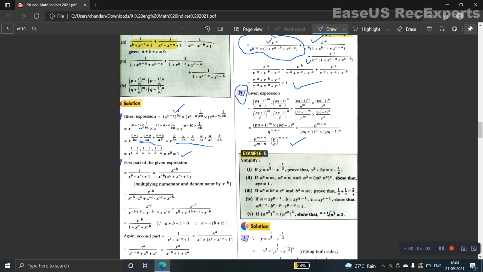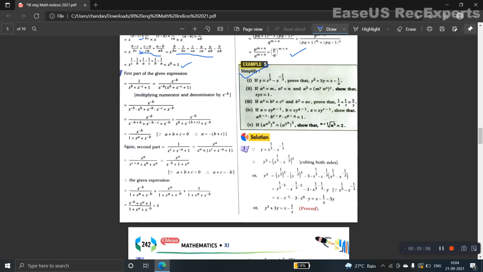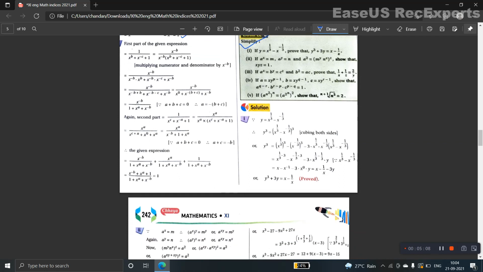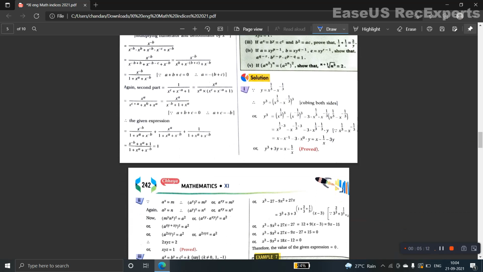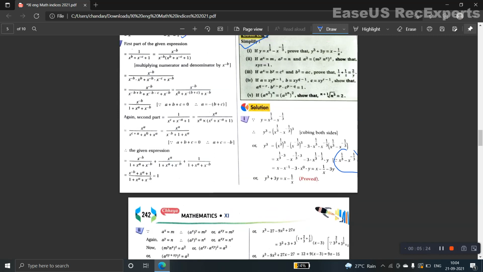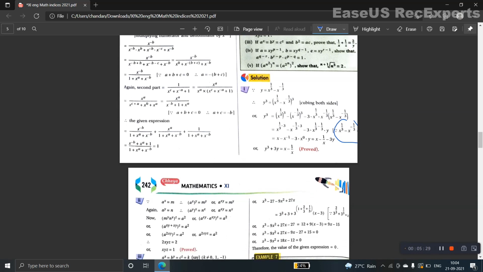You can go through all the examples. Example 5 is very good, very important. See your book and just see the cube formula, the a minus b whole cube formula, and we put the value here, which is given as something like minus 3.